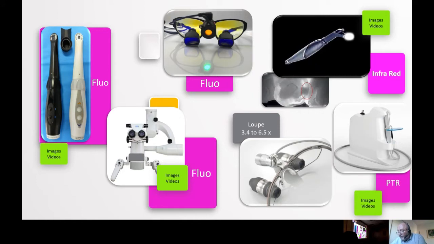Most of them now have photonic signal, like photothermal radiometry for Canary, infrared signal for diagnostics, and fluorescence, in particular for the SoproLife camera, and also the Zoomax microscope, and the new loupe from Design for Vision here, are very useful. And note that diagnostic based on infrared signal is more devoted to proximal lesion diagnosis.